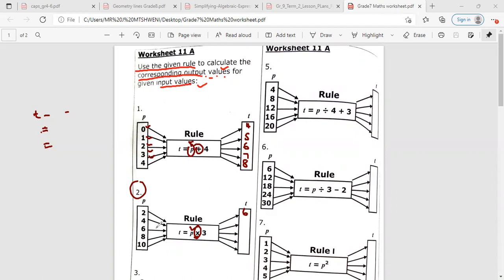Then you're going to say 4 multiplied by 3: 4, 8, 12. You get a 12. Then 6 multiplied by 3, what do you get? 18.